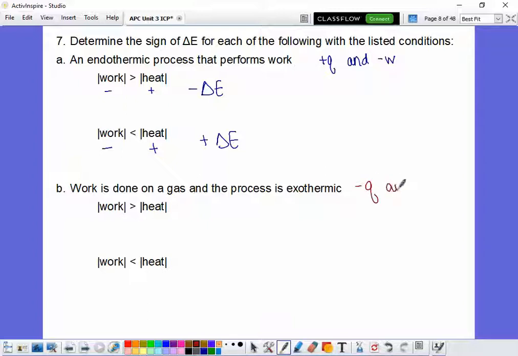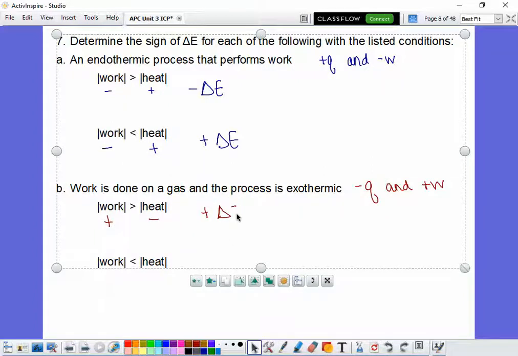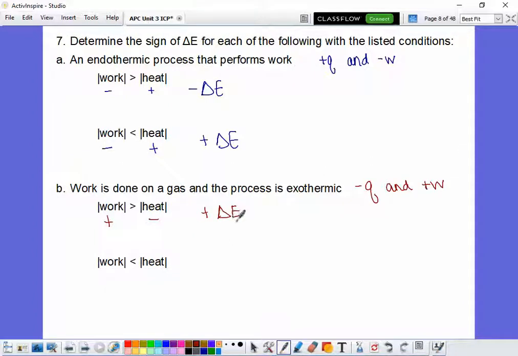And what's my sign for W? Positive. So when my positive work is greater than my negative heat, my delta E is positive. And when my positive work is less than my negative heat, negative delta E.